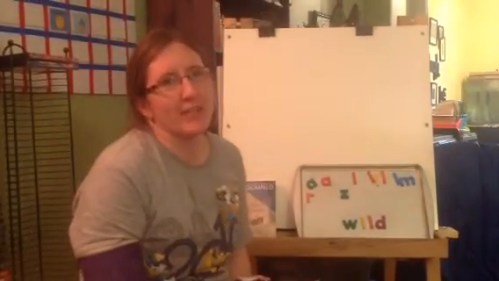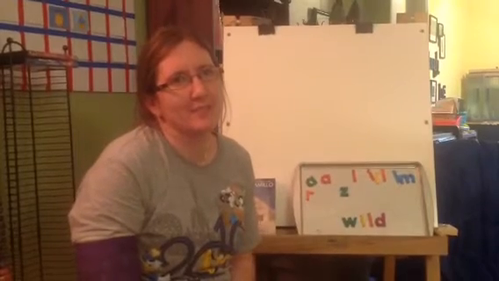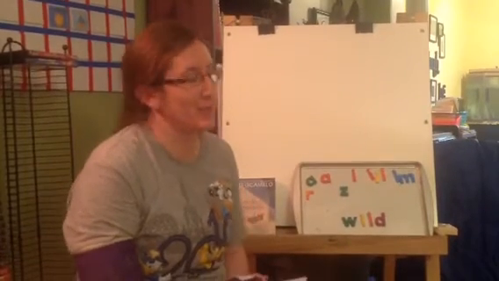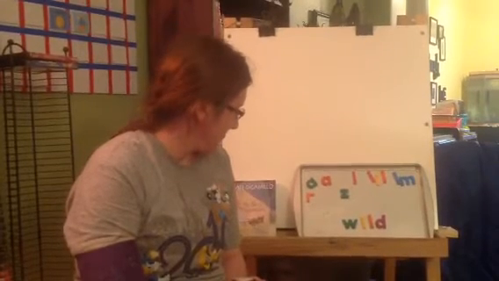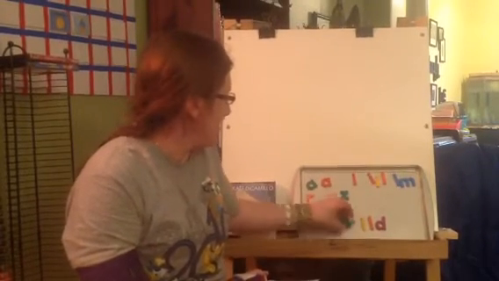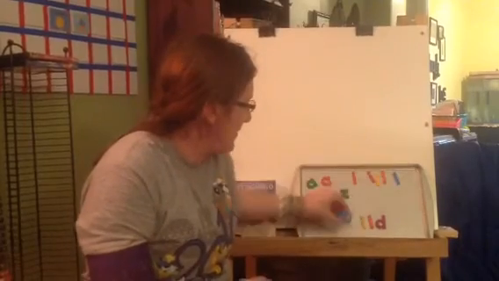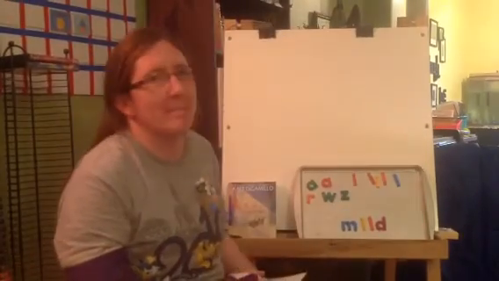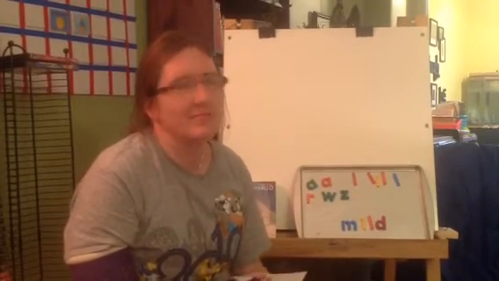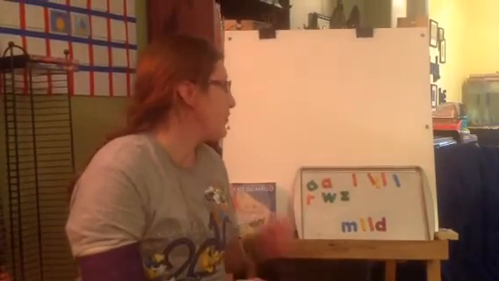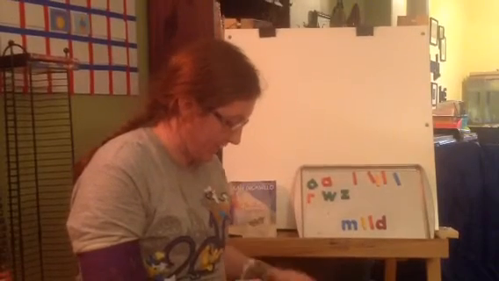Like, I hope you guys aren't acting wild for your parents. If you don't have wild, you can add that to your list. I'm going to change the W to an M to make the word mild. Mild means not very spicy. You can add mild to your list if you don't have it yet.